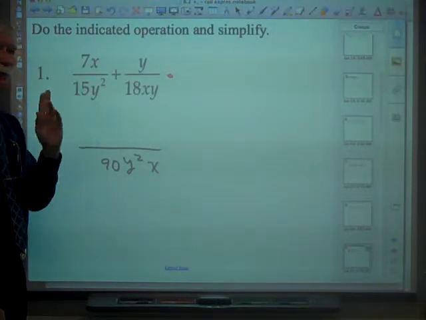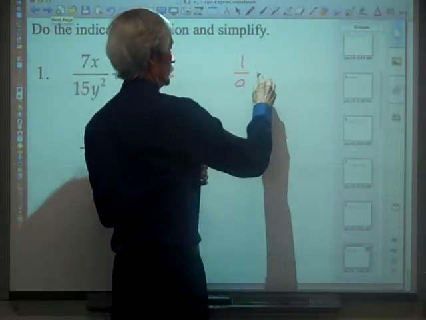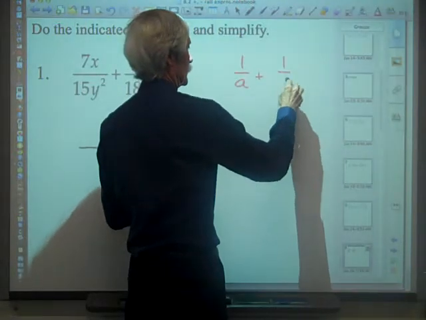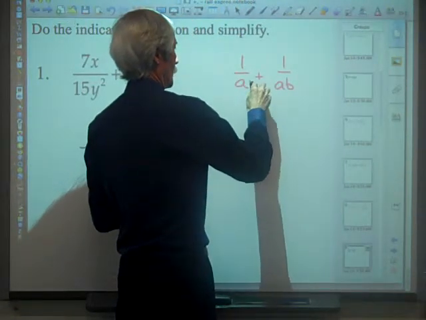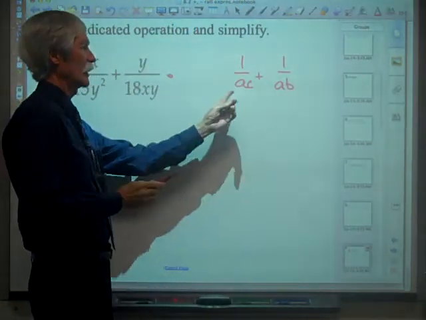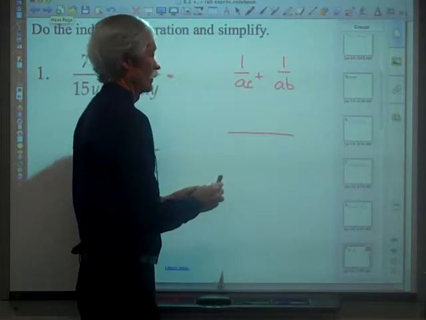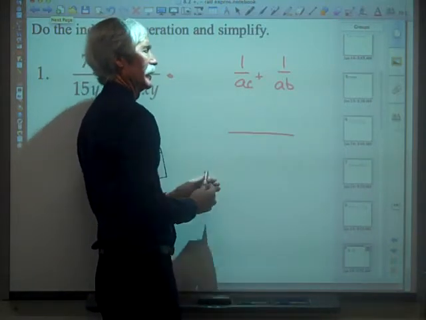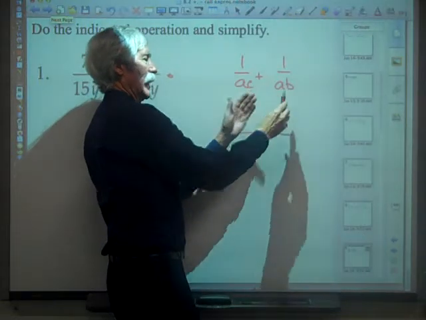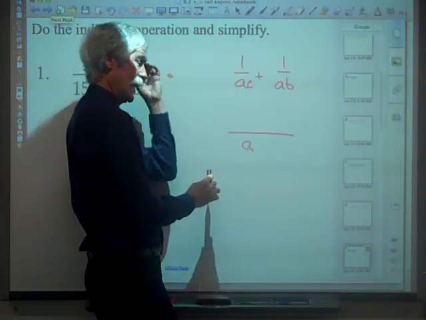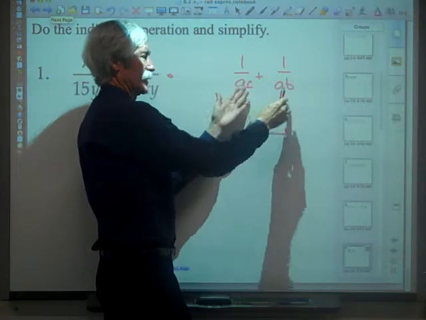If you needed a common denominator for this, the common denominator has to have this in it and this in it. The smallest thing you can think of that has all of that in it only needs that to have the A's covered. But what else does it need?